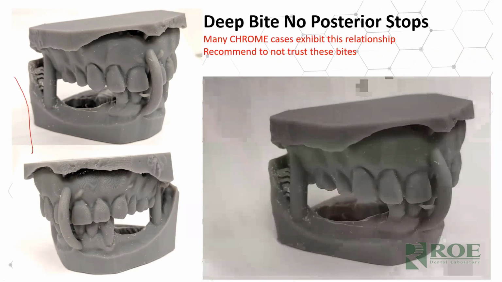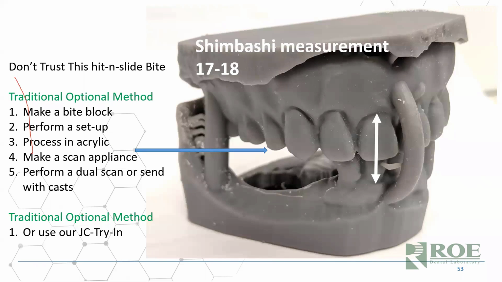So what we recommend in a case like this is a couple of things. One is, and you can perform this intraorally, a simple measurement that's called the Shimbashi measurement. That is simply taking a measurement from the zenith of, say, 25 and 8 and measuring this distance in the mouth. And we're looking for 17 to 18 millimeters.